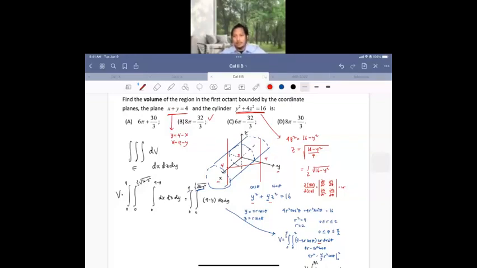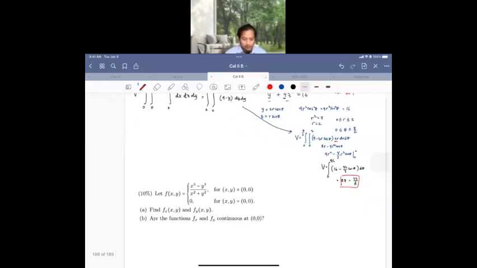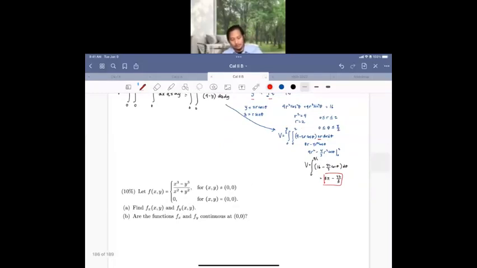Okay, probably any questions? If not, we can look at the other one here. This is a tricky one.